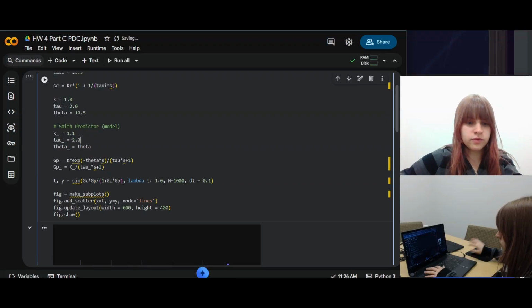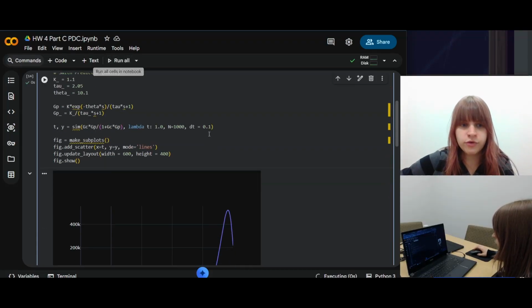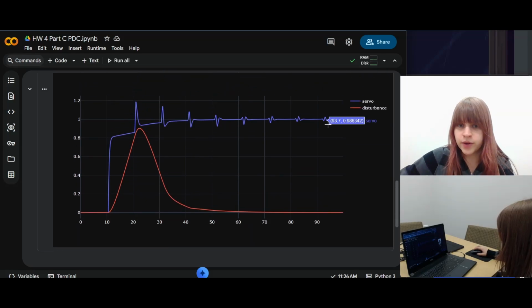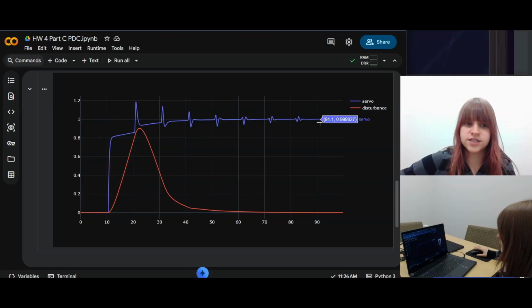So if I make it different but closer than before, we have those little spikes, but they go away faster and they're smaller. And these spikes happen after each 10.5 seconds has passed.